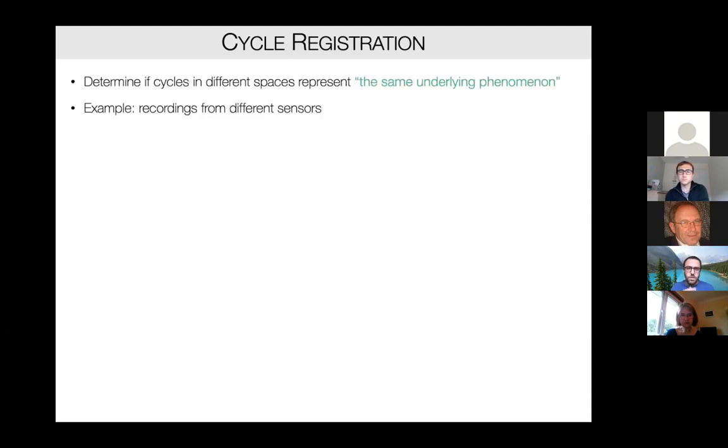So loosely speaking, what we call cycle registration is the following problem. Let's say we have 2 spaces or 2 filtrations, and we have features, we have cycles, and we want to say about 2 cycles whether they represent or they're coming from the same underlying phenomenon. So you can think, for example, about if you have 2 recordings from different sensors and they record the same thing. Okay.